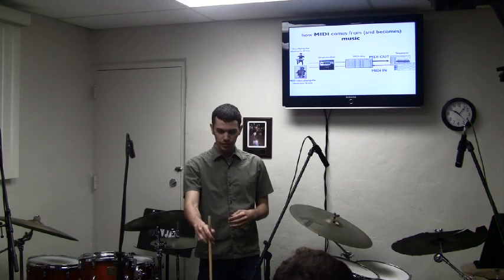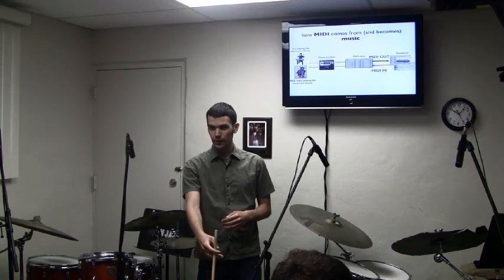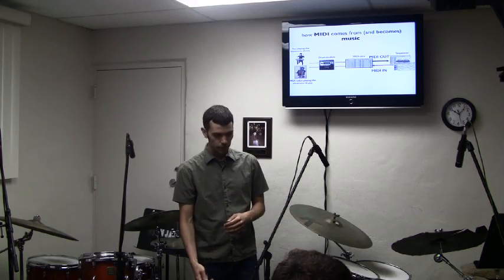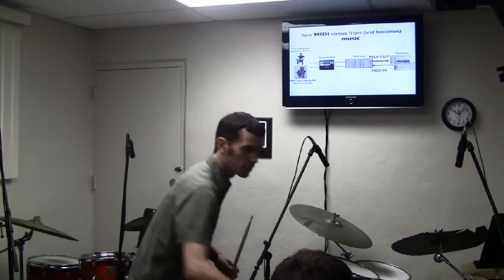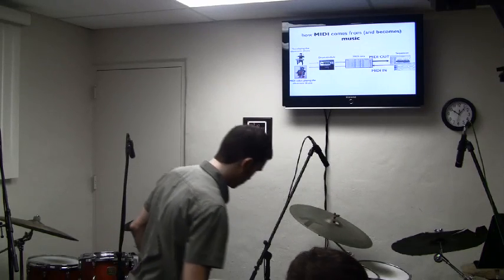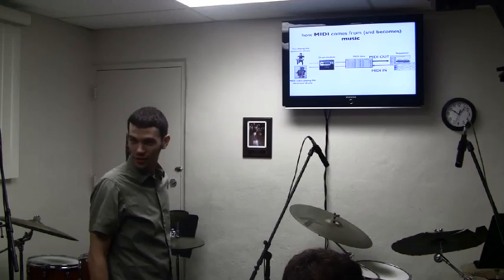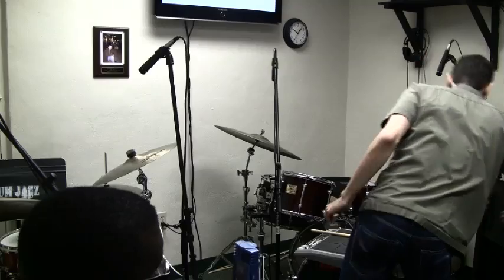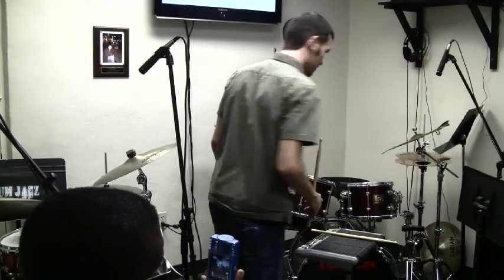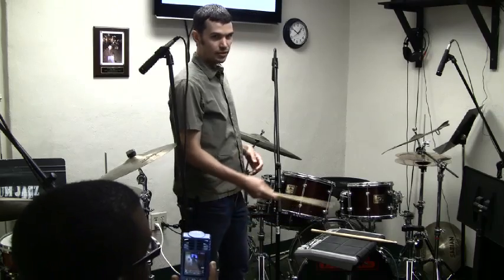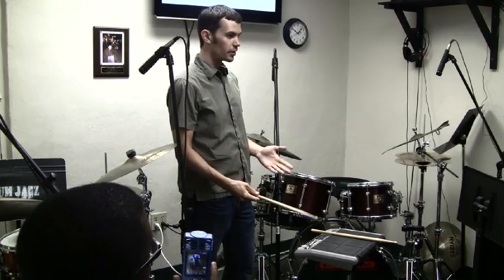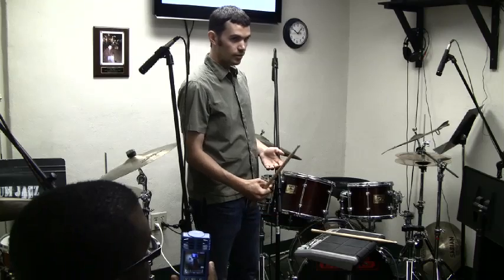So this by itself is not making any sound. This is all the computer. If I mute the computer, you don't get any sound, because I don't have any sounds triggering here, just MIDI notes.